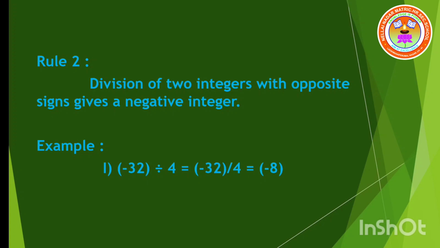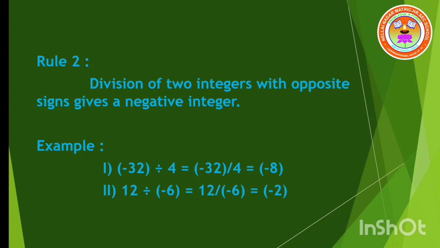So minus 32 divided by 4 is minus 8. Next, 12 divided by minus 6. Here, 12 by minus 6. Minus 6 has the negative value and 12 is the positive value, so it is unlike signs.